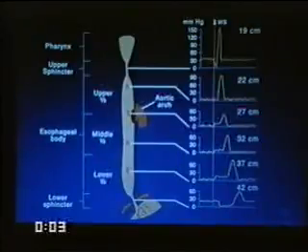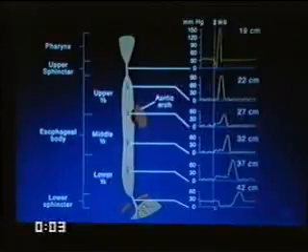The other very important function is the lower esophageal sphincter. After the swallow, within 2 seconds that sphincter will relax. It will remain relaxed until the wave of peristalsis passes through it, and then it will contract again to its tonically resting state to prevent reflux. So we have transport, prevention of reflux.